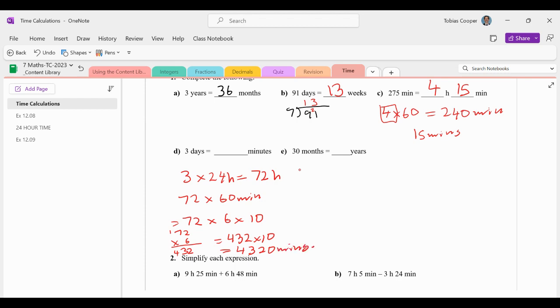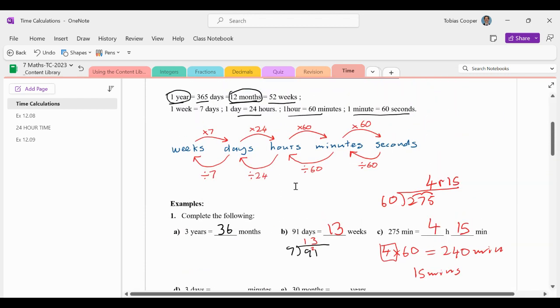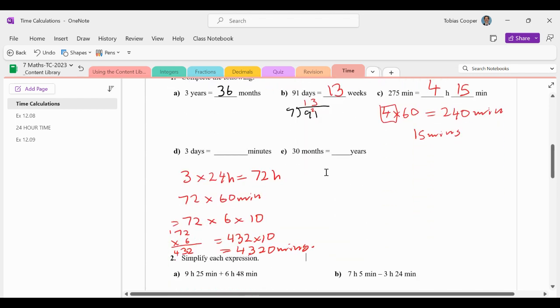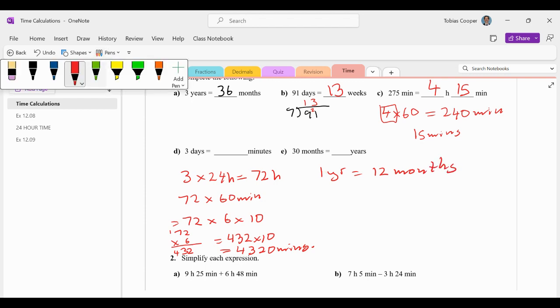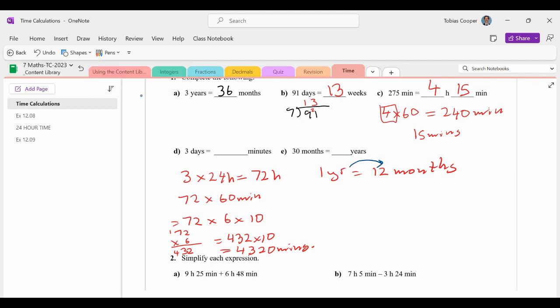Okay. 30 months to years. Okay, so looking back at your diagram, do we have months to years? We don't, but we do know there's 12 months in a year, don't we? So we know that 1 year is equal to 12 months. So to go from 1 year to 12 months, we times by 12.